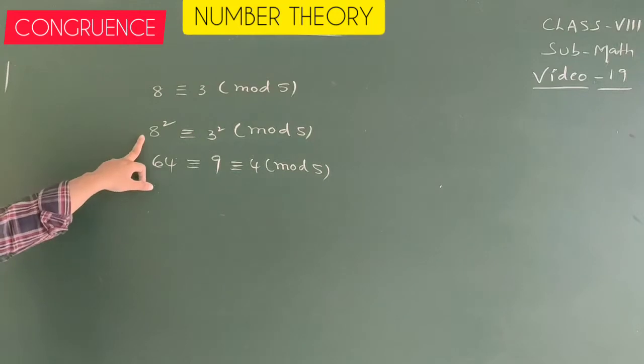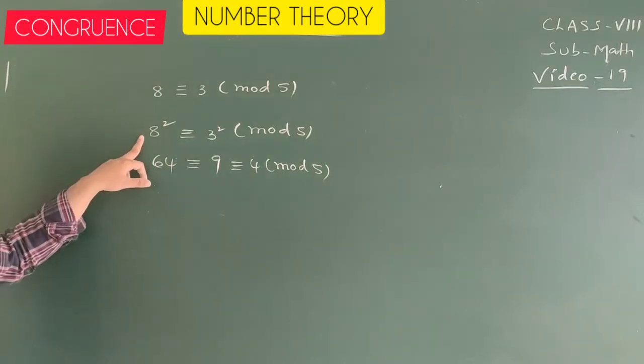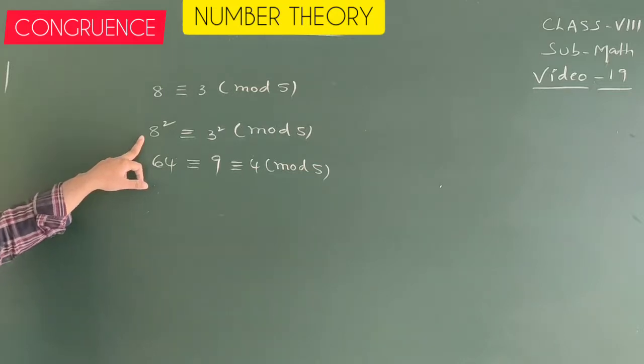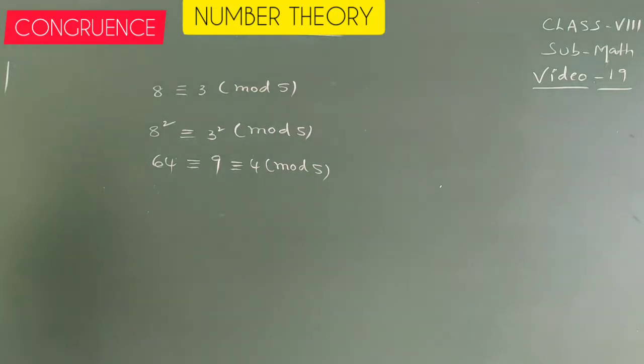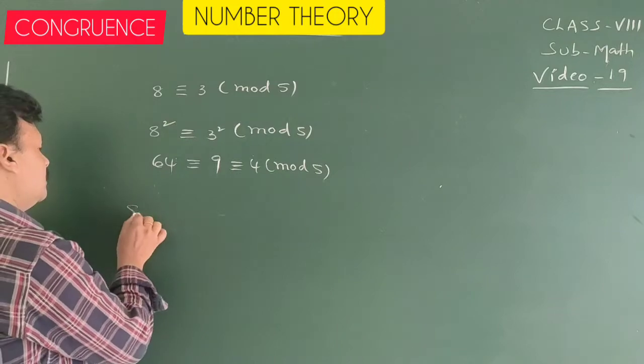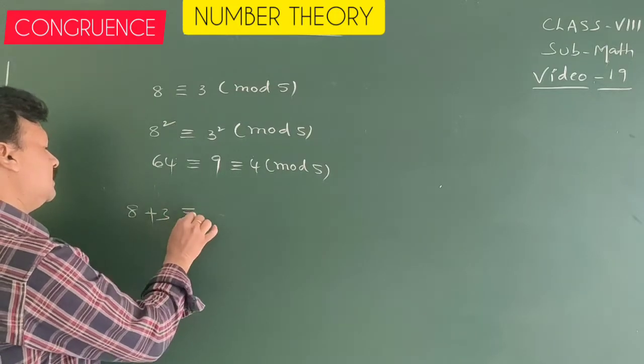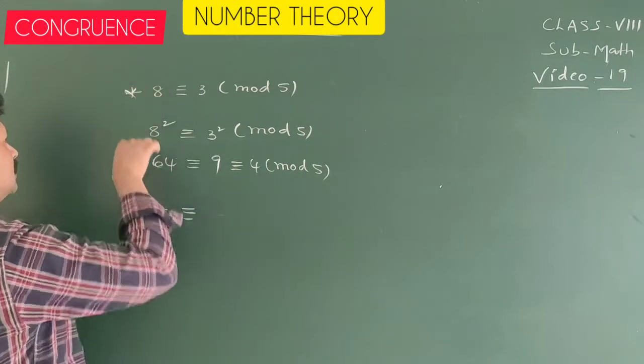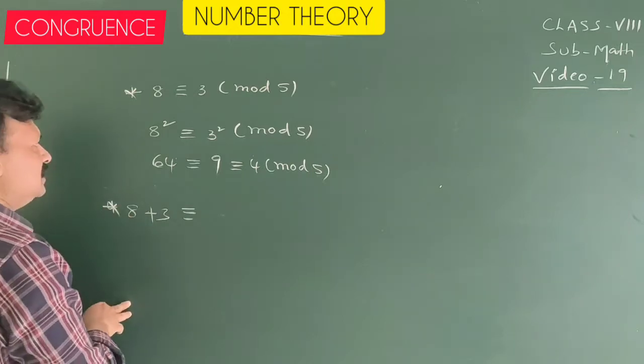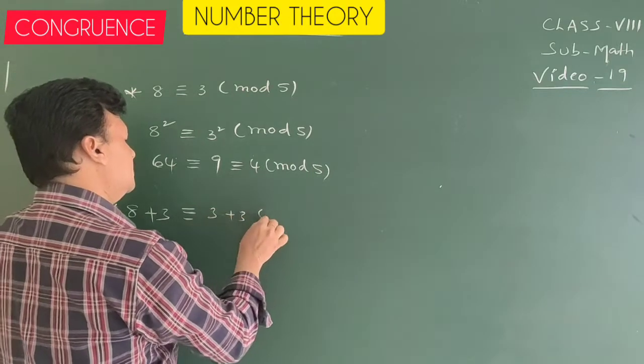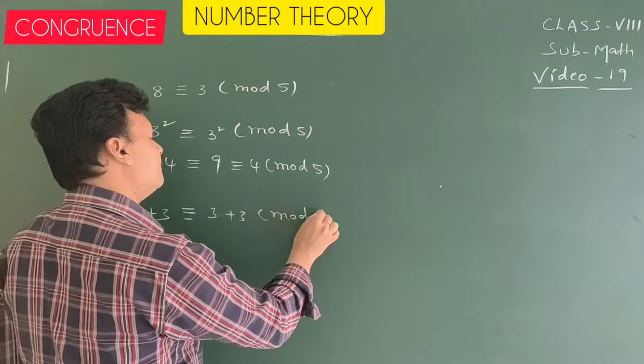Here a congruent to b mod m means a power k is congruent to b power k mod m. Like this. Next, another property: 8 plus 3 is congruent to 3 plus 3 mod 5.